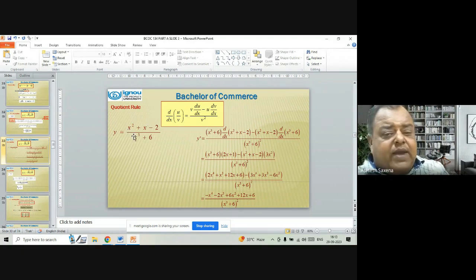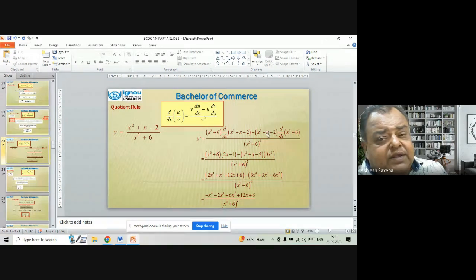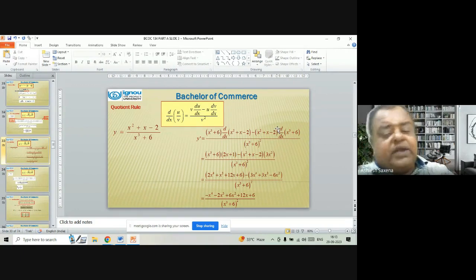So we will be squaring the denominator, then taking the same function at the top, differentiating whatever is in the numerator, minus what has been differentiated in the denominator, and divided by the denominator's square.